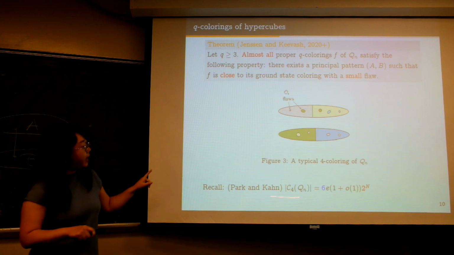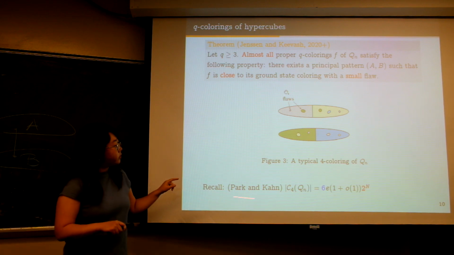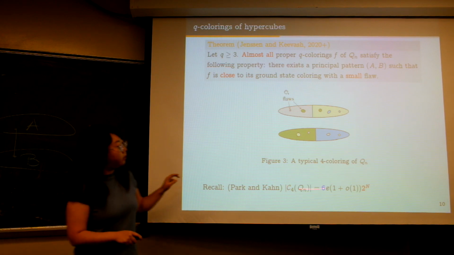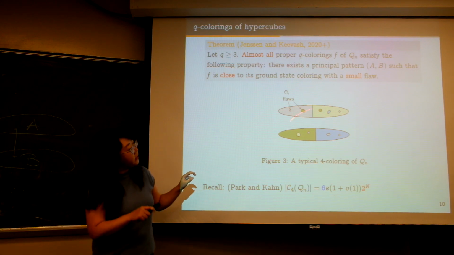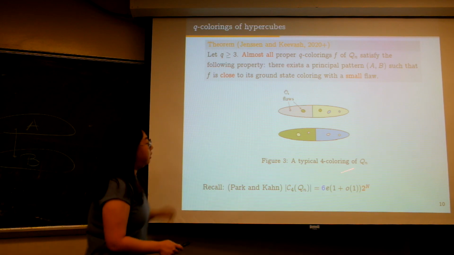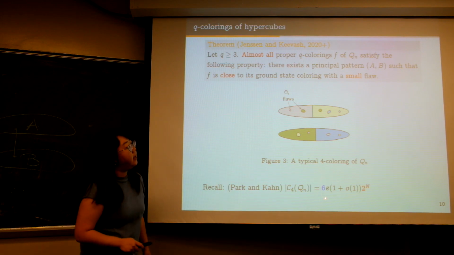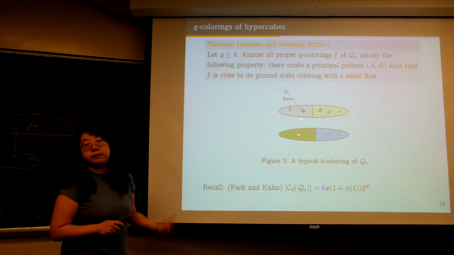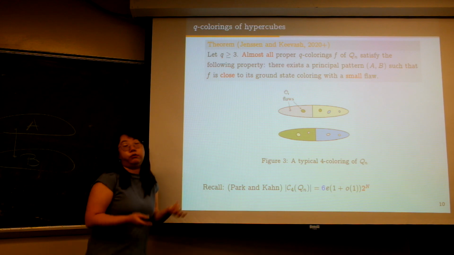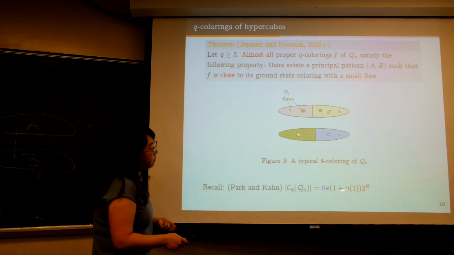Recall that previously I mentioned a counting result of Park and Kang on the number of 4-colorings. Now, with this picture, I can explain why this is the correct formula. The 6 comes from the number of principal patterns: we have 4 colors, we split them into sets of 2, 4 choose 2, that's 6.